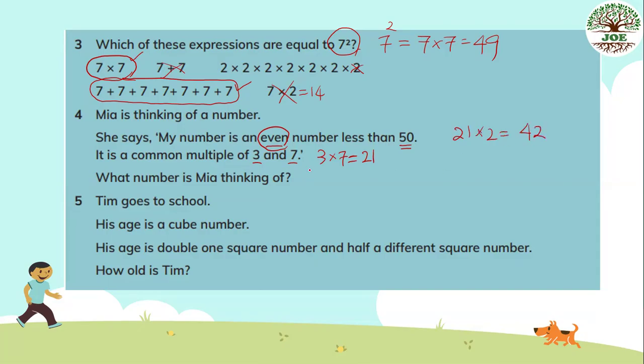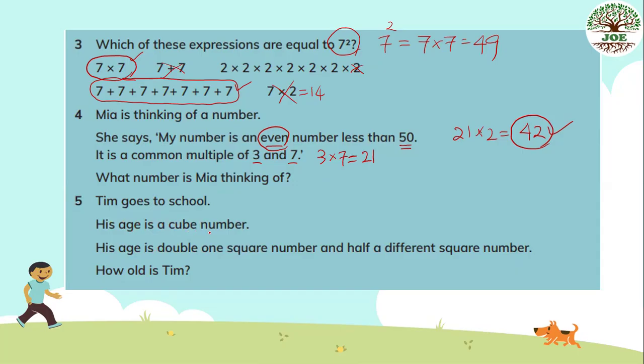So 42 is a multiple of 3 and a multiple of 7: 7 times 6 is 42, 3 times 14 is 42. The next one is 63, which is more than 50, so we have to stop here. 42 is a common multiple of 3 and 7, less than 50.